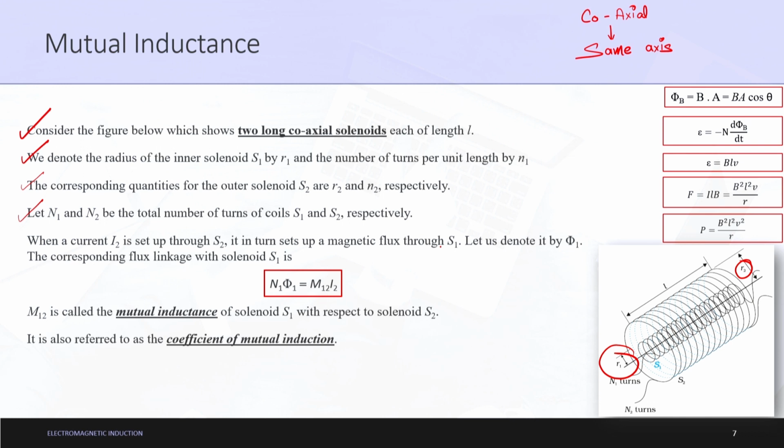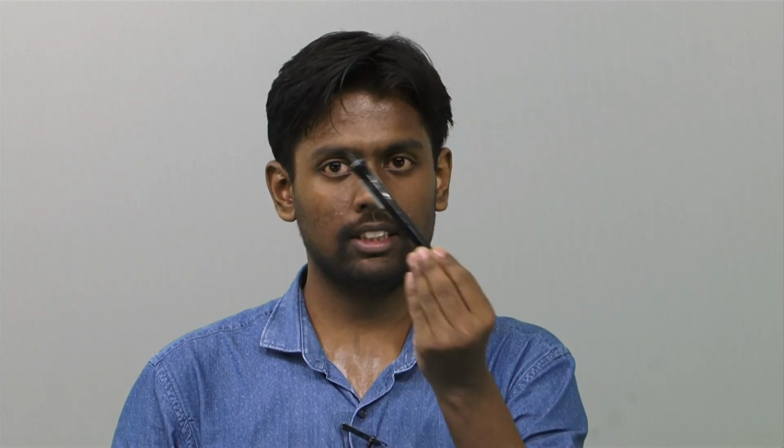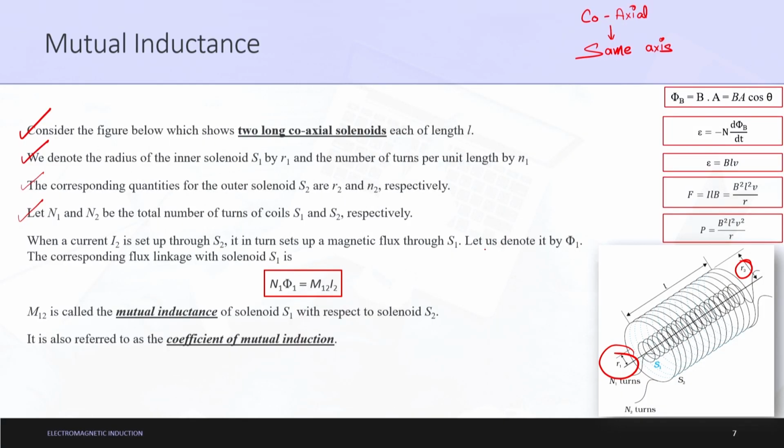Because there is a current in solenoid S2, there is a magnetic field. Where is this magnetic field acting? It is going through solenoid S1. So, let us denote this flux by phi 1, where phi 1 is magnetic flux.